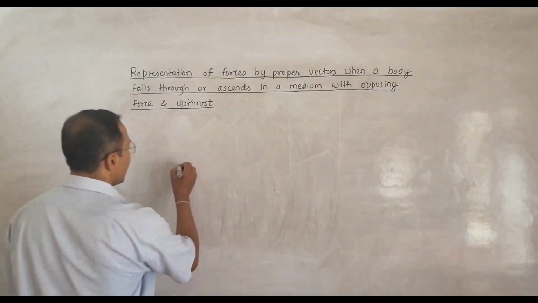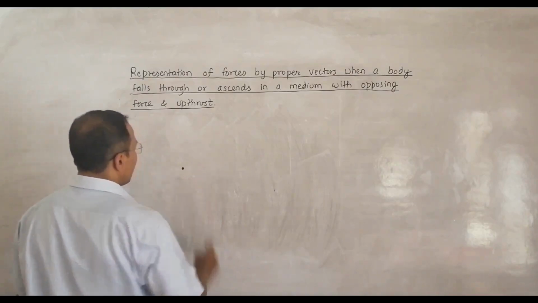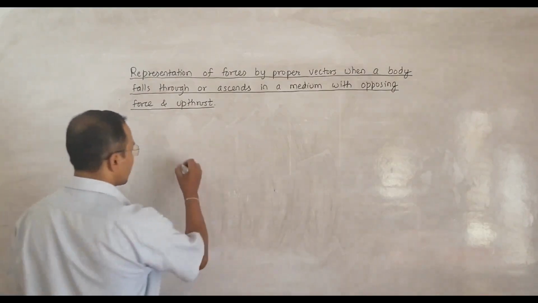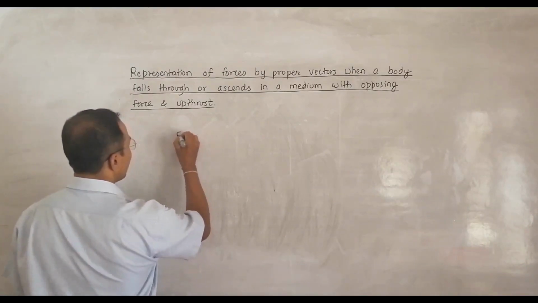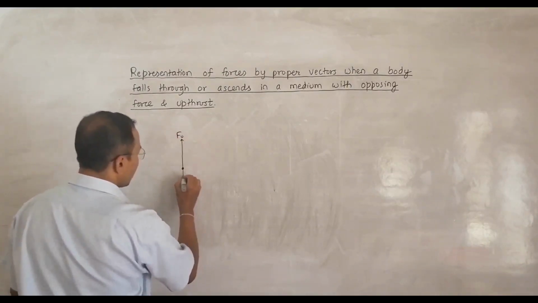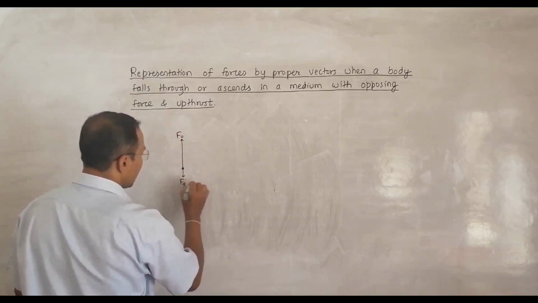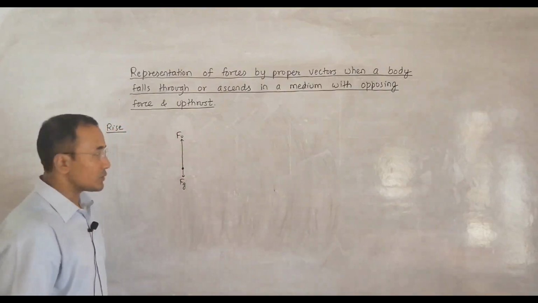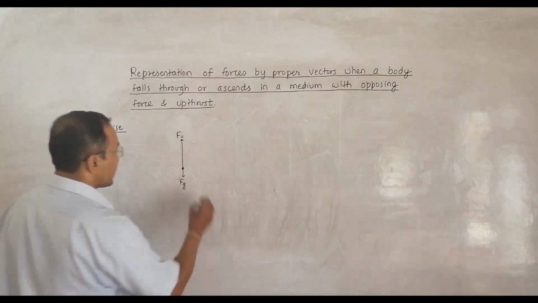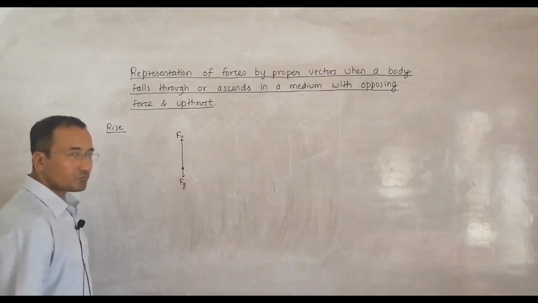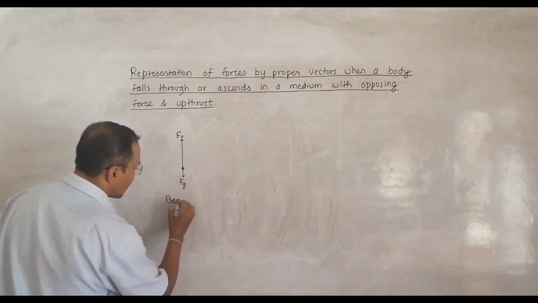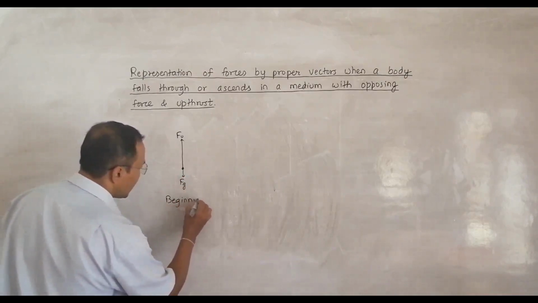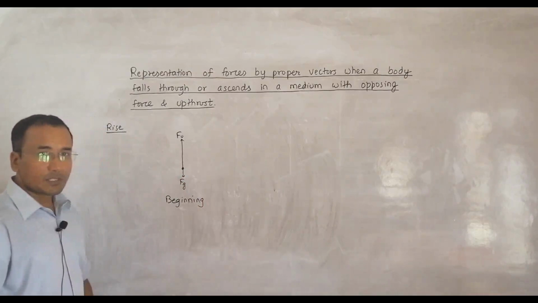In the very beginning the upthrust force is very large. Let us say this is the upthrust force Fu, then its force of gravity, its weight, will be very small, so Fg will be very small, and here we have no F opposing because it's the very beginning. In the very beginning it's not moving, so F opposing is 0.